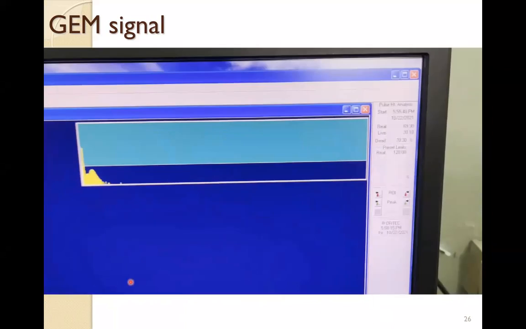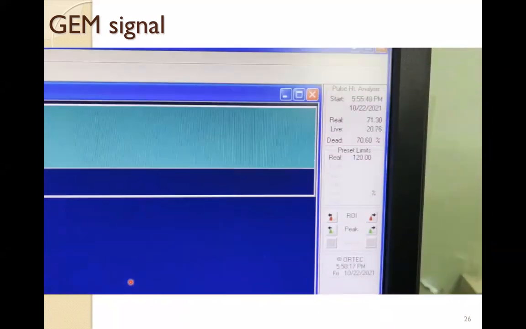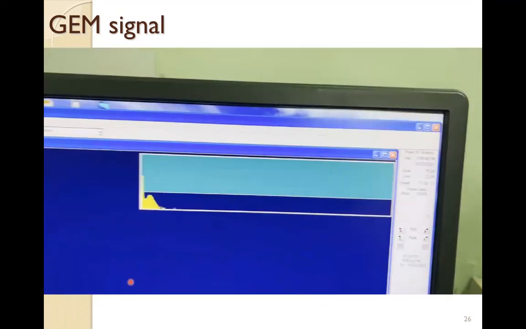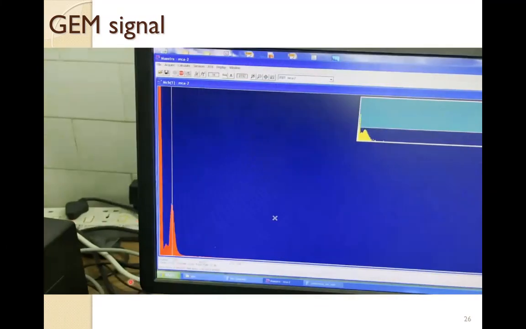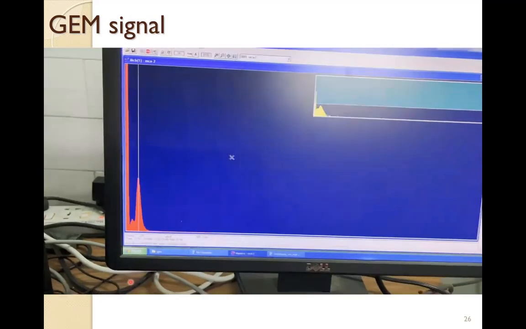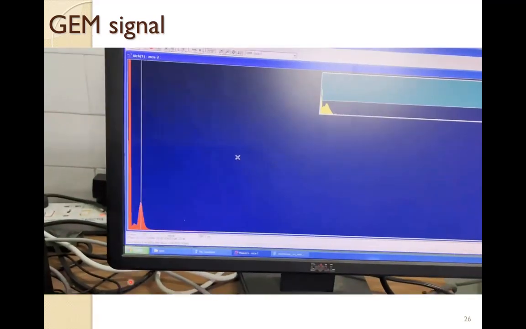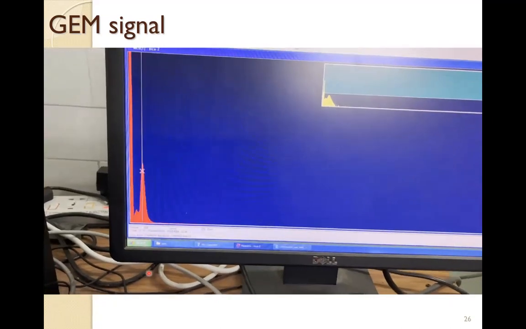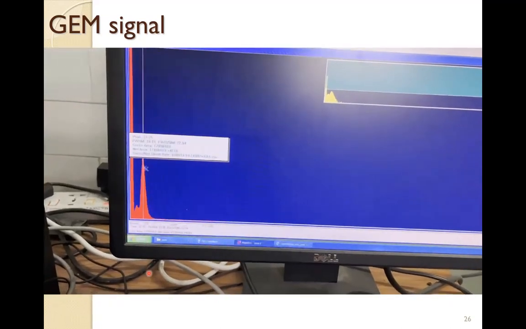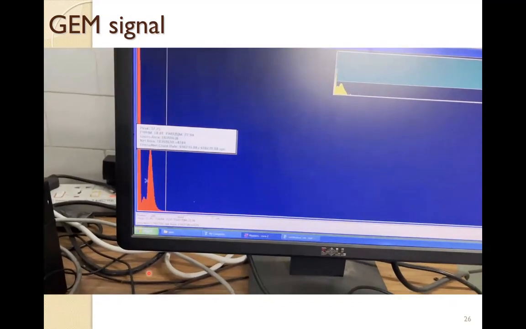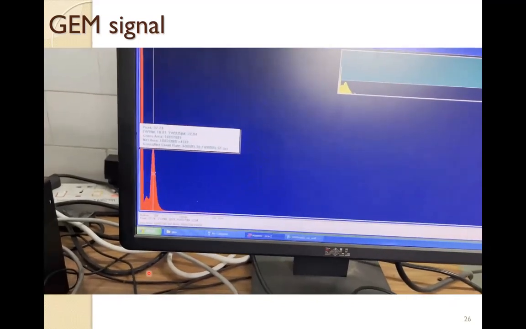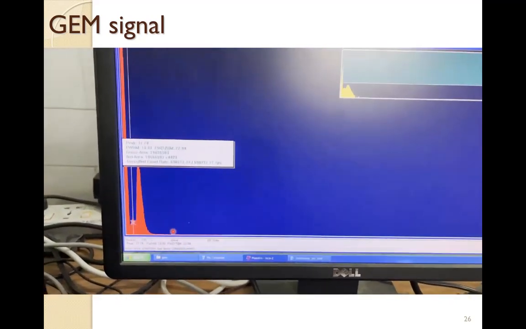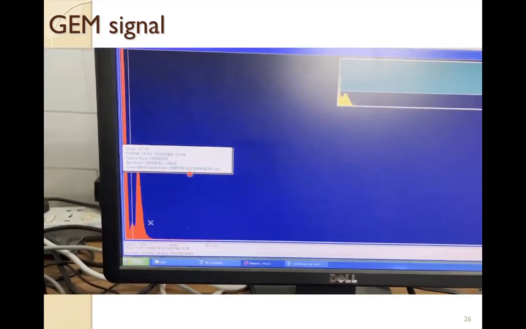All the analysis you can do here using the software provided by the MCA, or you can store the data and use your ROOT analysis package for analyzing the data later on. Okay. So all of these were done in our Bose Institute lab.